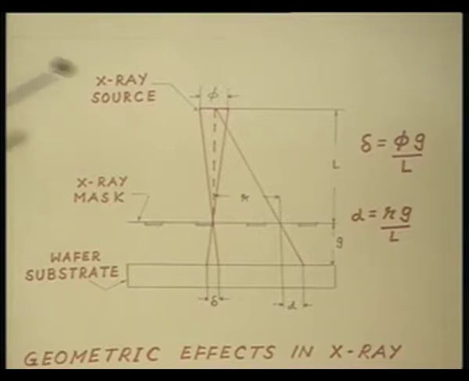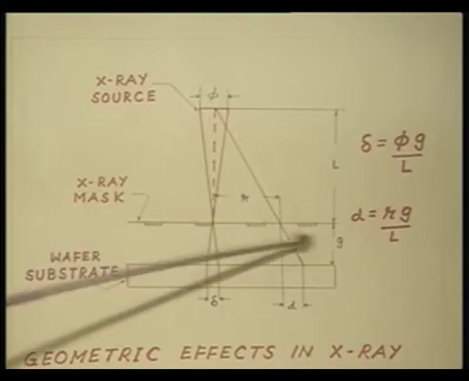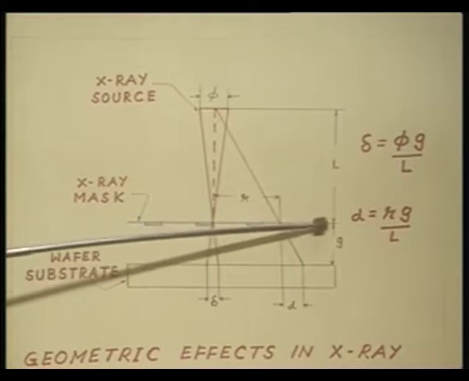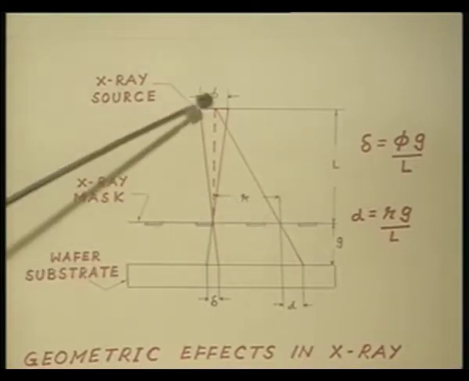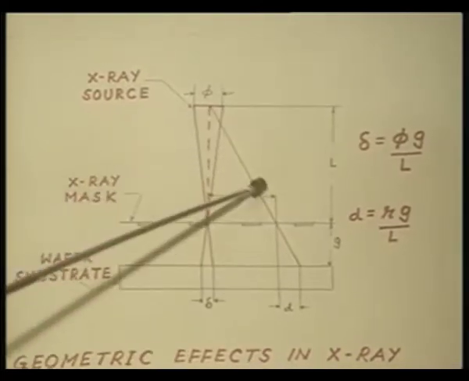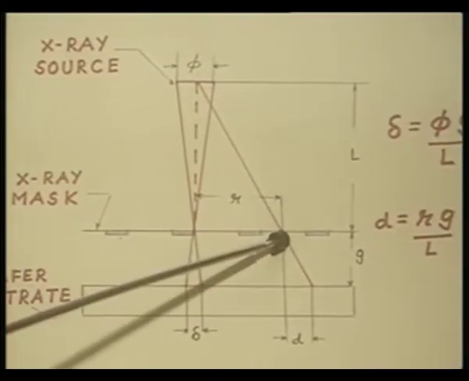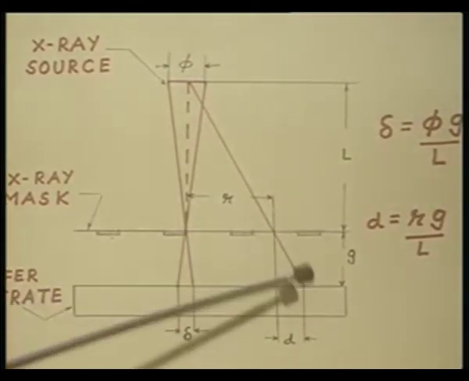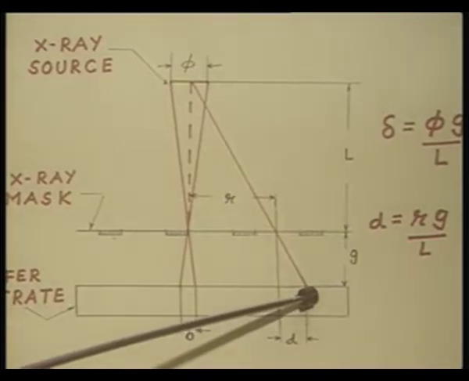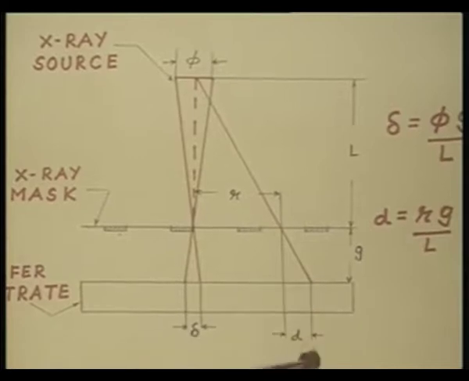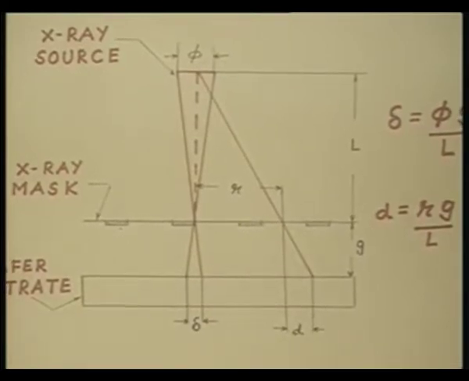The other problem is, as we move away from the center of the mask, look at the patterns which are situated far away from the center. This is how the X-ray beam is coming on the sides, and finally when it reaches the substrate surface, the distance has actually got slightly modified.